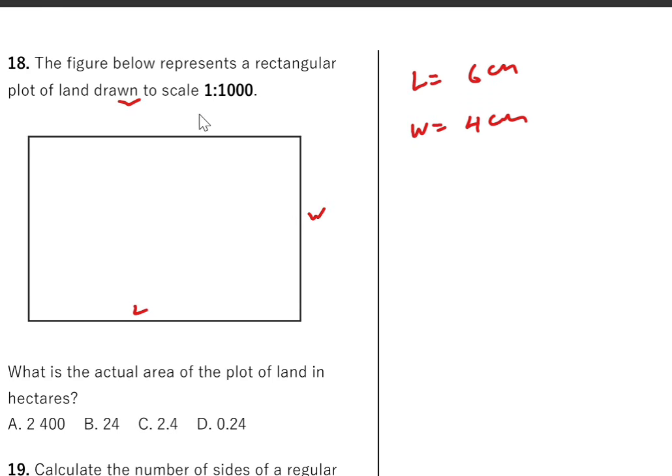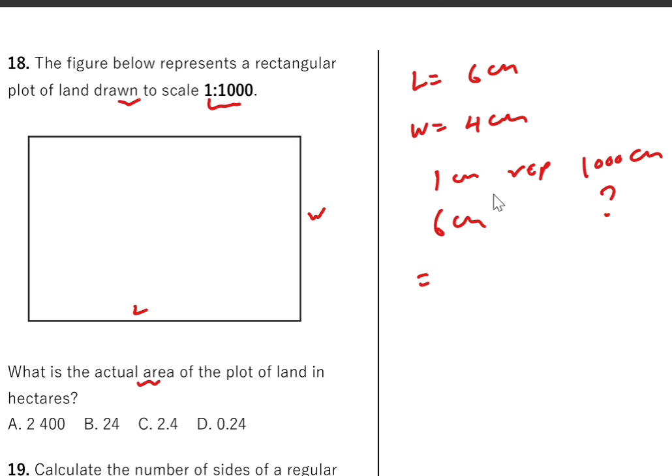So I have to convert using this scale. Remember I said 1 centimeter on the paper represents 1,000 centimeters on the ground, and you want the actual area. So this means the area on the ground. So 1 centimeter represents 1,000 centimeters. What about 6 centimeters? We're going to multiply.